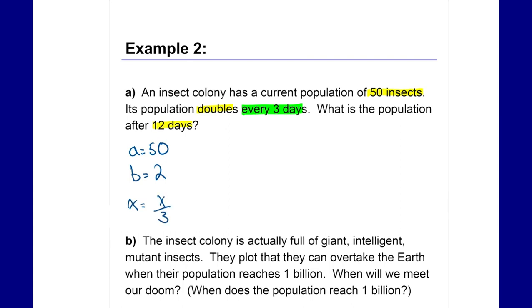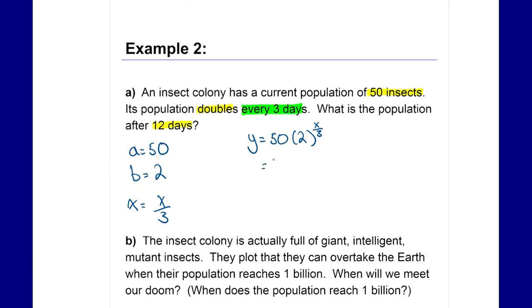Because it doubles every 3 days, the number of increases is going to be X divided by 3. So if I plug this into my equation, y equals not A anymore, 50 times 2. Now it's not to the power of X, it's to the power of X divided by 3, because that will be how many growth periods there are.